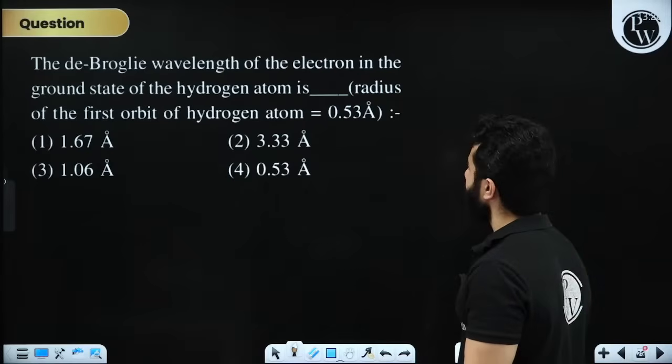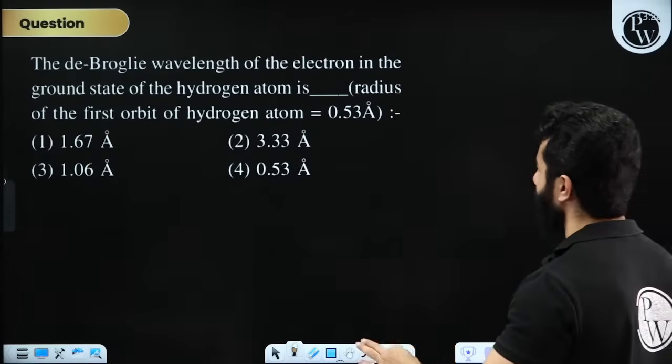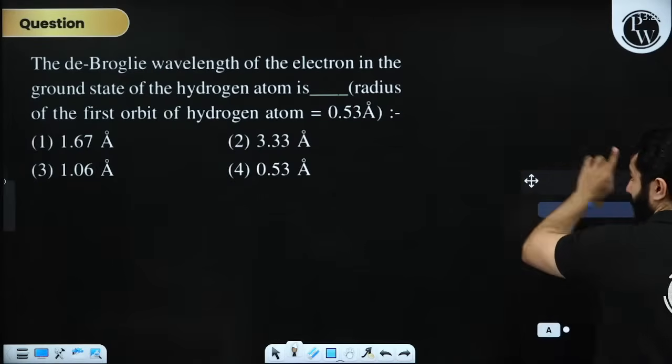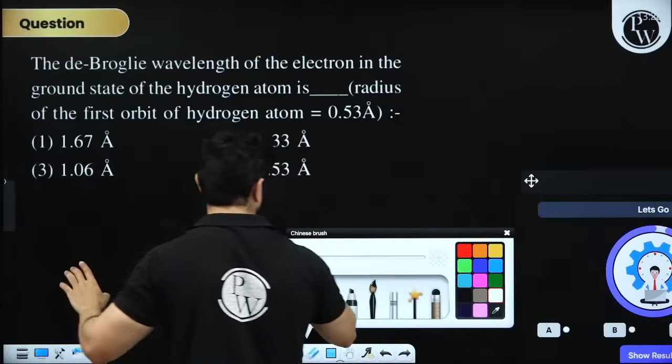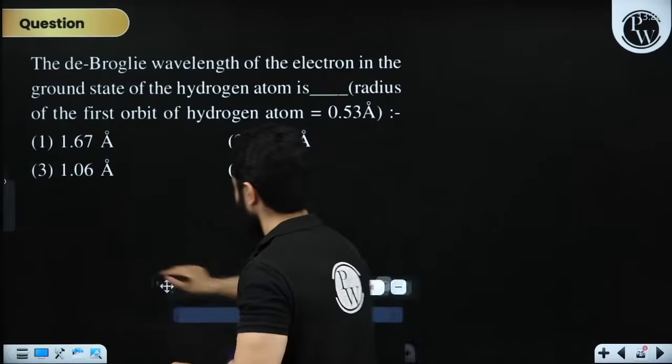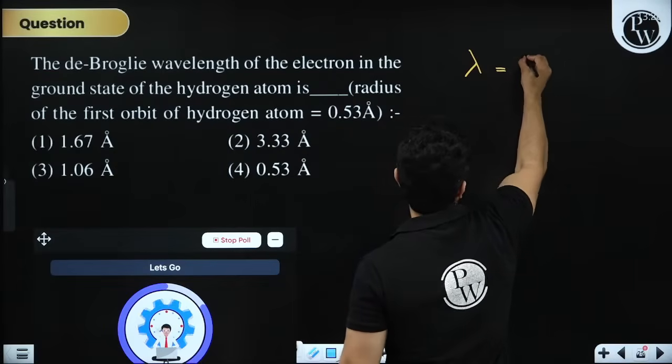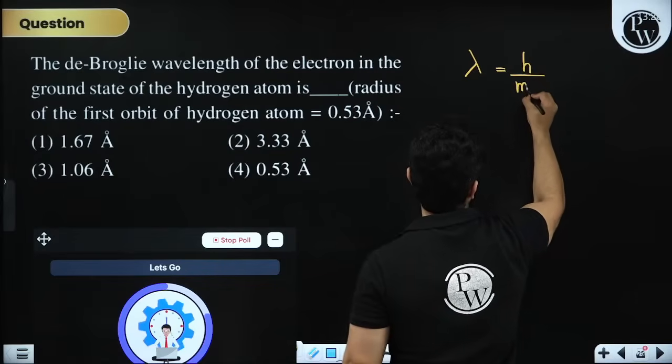The de Broglie wavelength of an electron in the ground state of the hydrogen atom is. Chalo, let's do this. 60 seconds. They are talking about de Broglie wavelength, right? Fine. We know that de Broglie wavelength can be written as h divided by momentum.